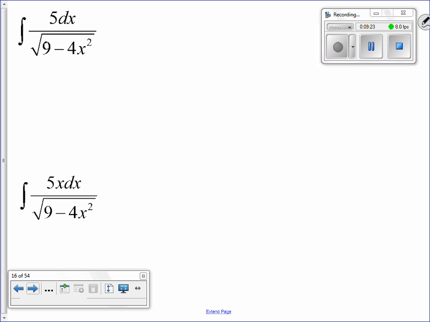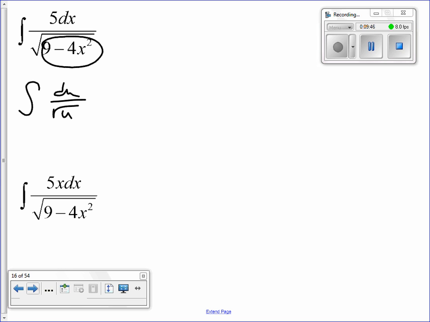Like, what's in here, right? We would be going for a du over the square root of u, right? But why can't I make u 9 minus 4x squared? You don't have an x up here, which you'd have to have for du. So that's why we can't use this one.